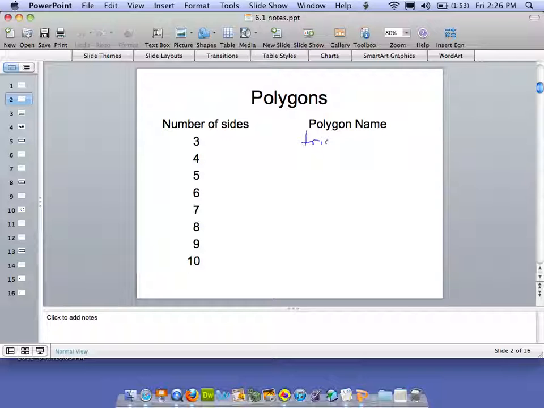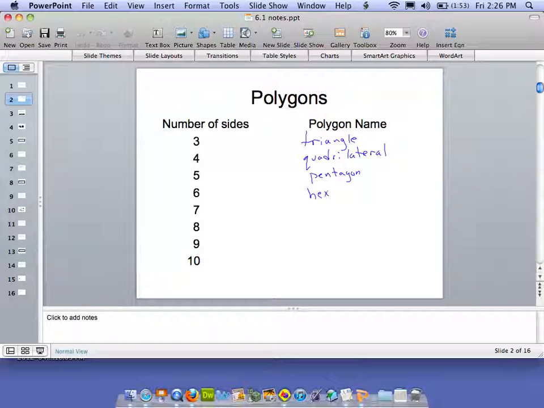Then we have the four-sided figures, which in general are called quadrilaterals. Quad meaning four. Five-sided figures are called pentagons.